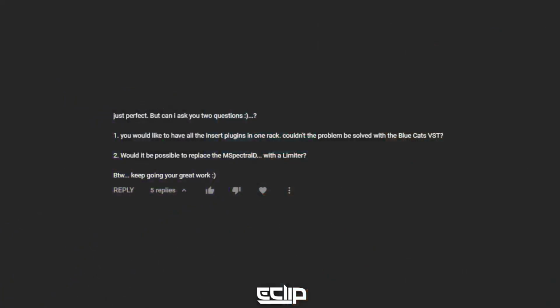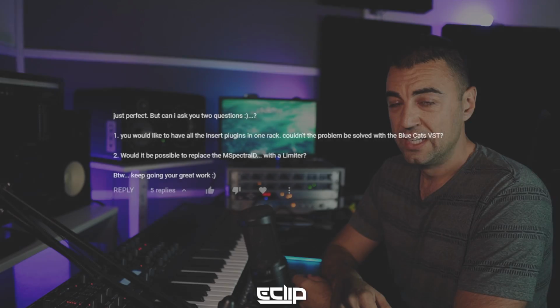The second question from the same person was: would it be possible to replace the M Spectral Dynamic with a limiter? In my opinion, no, because they are working in a different way. The limiter will measure the signal and limit the whole signal, and how it does that depends on the limiter itself.